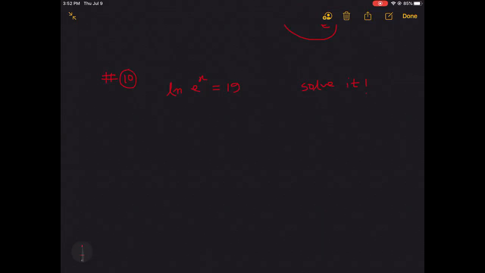So the first thing is, if you know that this is basically log base e, that means, first of all, you can keep this here because that's the exponent. So you can rewrite it like this, right? Because as I said, you can write the exponent in front.